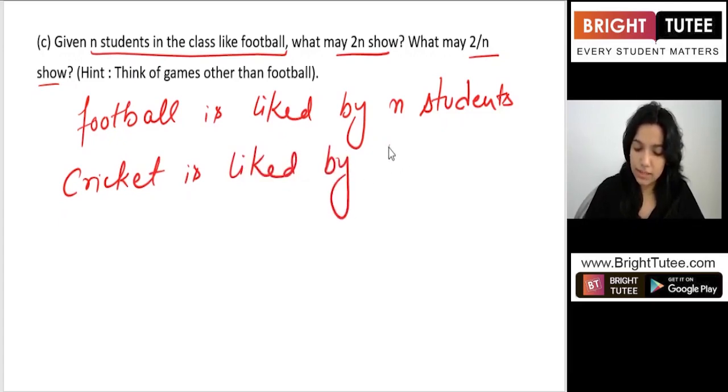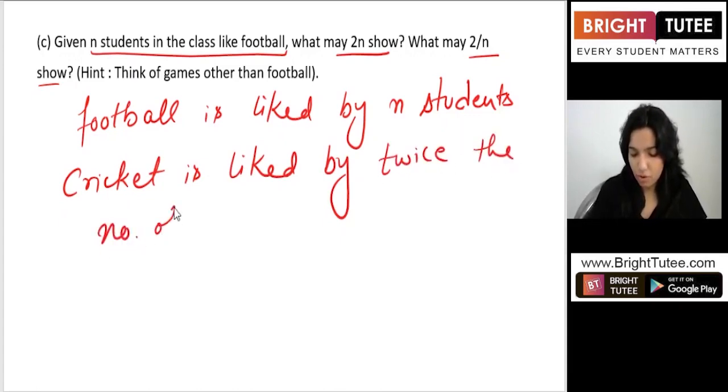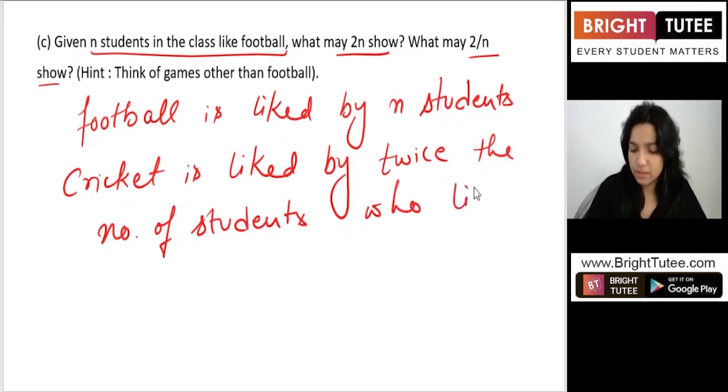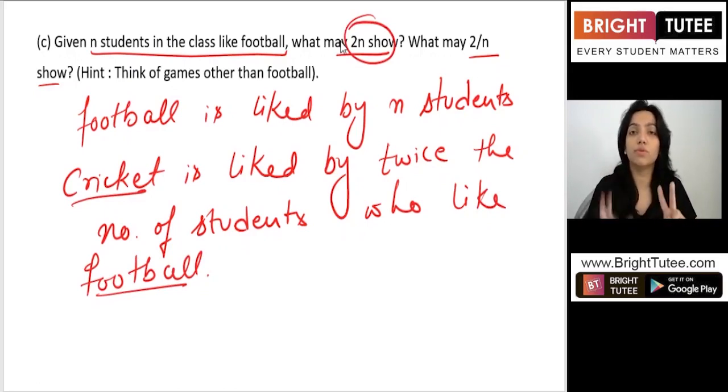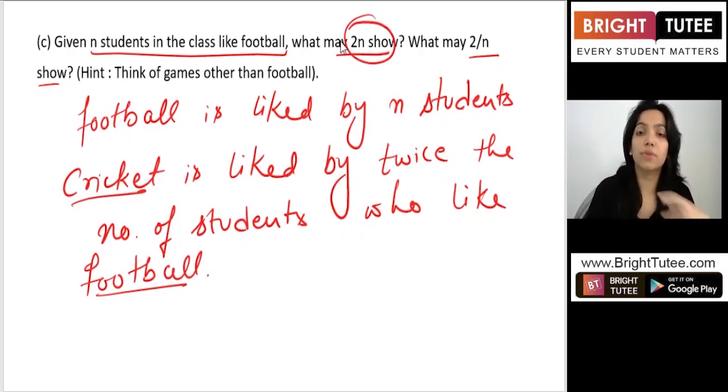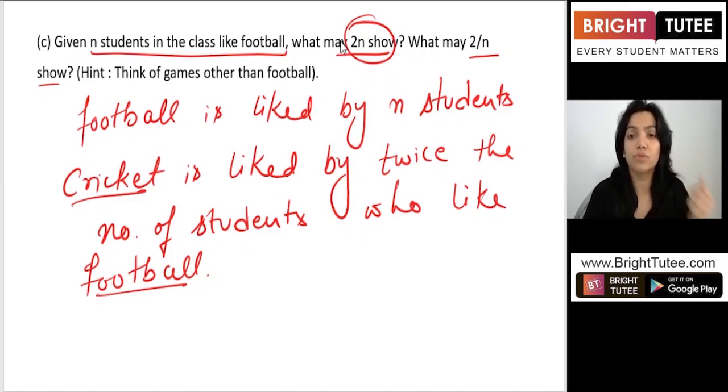Twice the number of students who like football. So I hope how we have related this is clear. We have related cricket with football using the relation of 2n. How? Because it's 2n, so it's twice the number of students who like football.